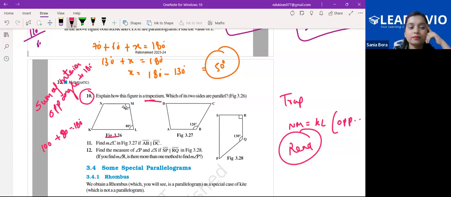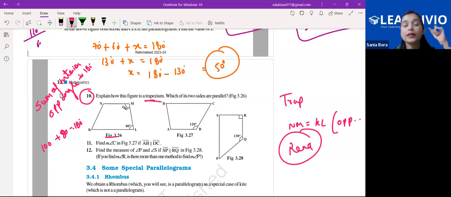Clear? NM and KL are the parallel sides, right? So of course there is a property that one pair would be parallel. So that's why it's a trapezium. Clear? Didn't understand the interior opposite angles?